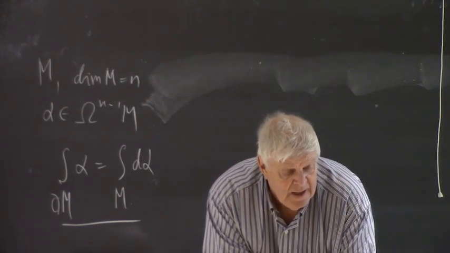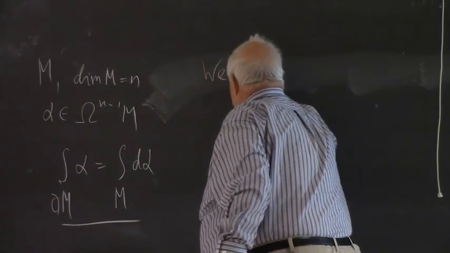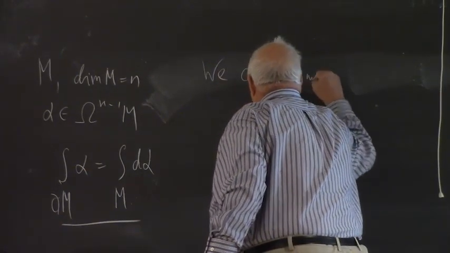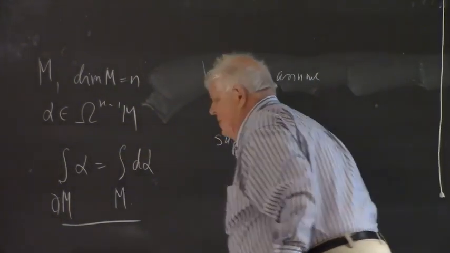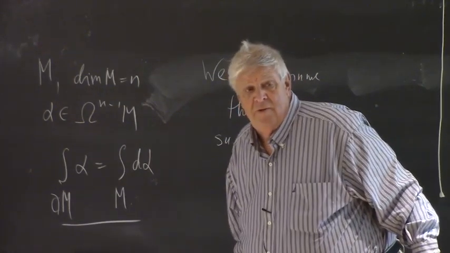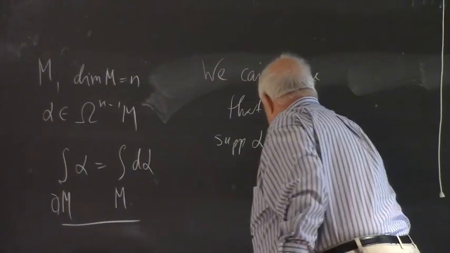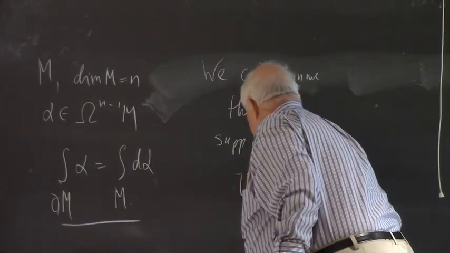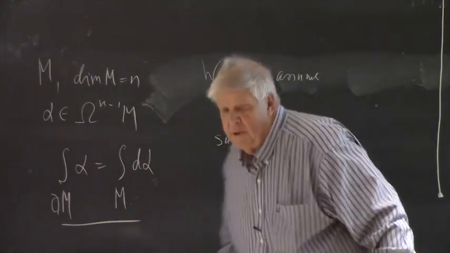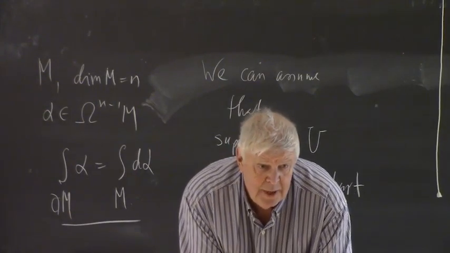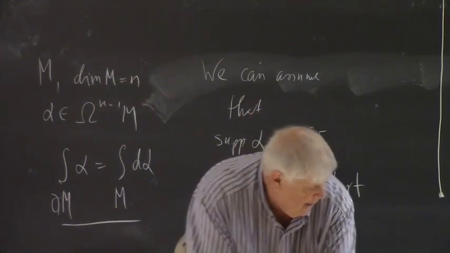The fact is that we can assume that the support of alpha, that is the closure of the set where it is not equal to 0, is contained in one chart, after which this statement becomes actually a statement about forms in Euclidean spaces.